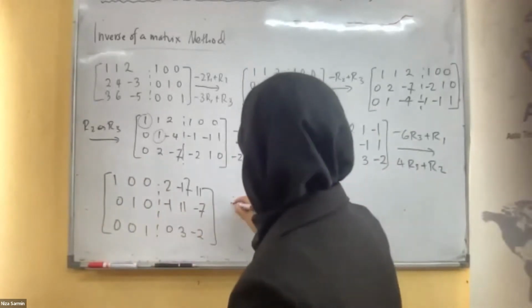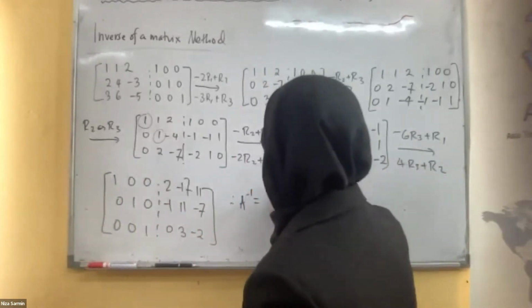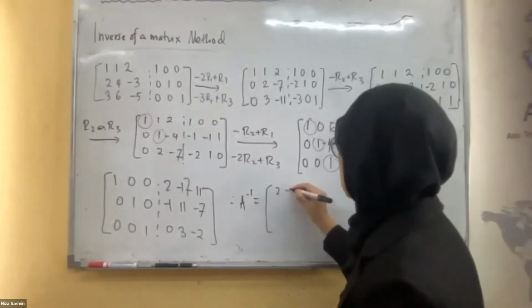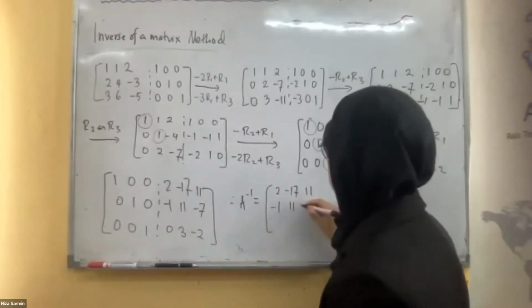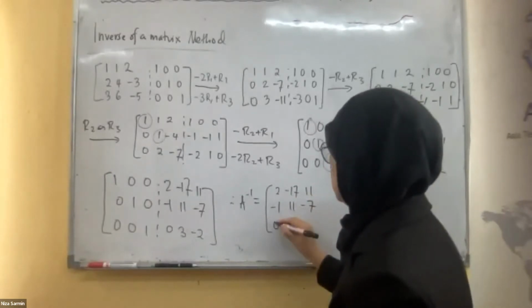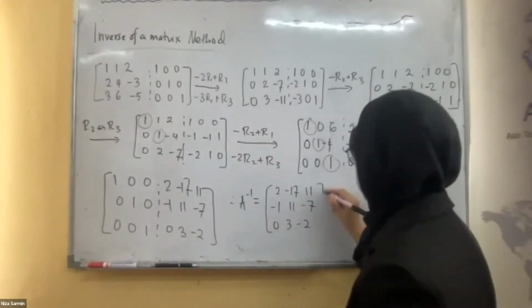So you will write A inverse is 2, negative 17, 11, negative 1, 11, negative 7, 0, 3, negative 2.